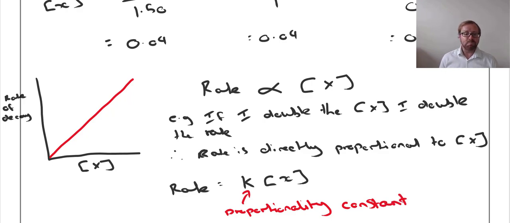So again, this will be important when we come on to order of reactions and rate equations later. And technically, if you look down here, rate equals K times the concentration of X. This is a rate equation, but we'll go through that in more detail in probably about 15 minutes. Okay, so moving on.